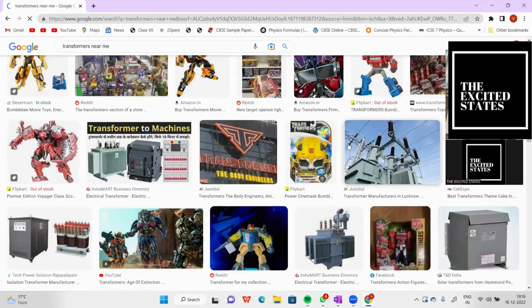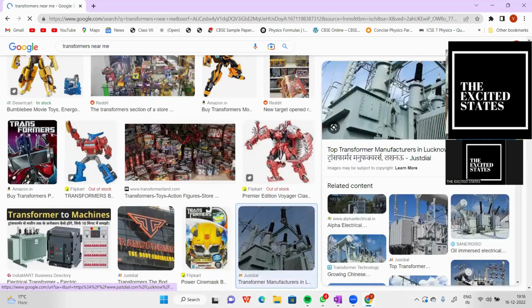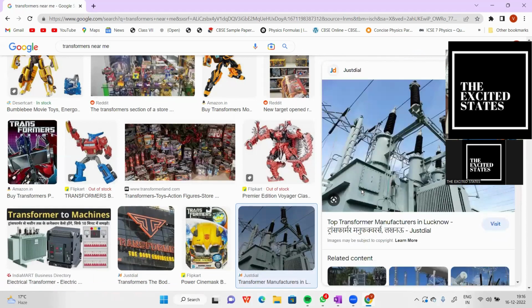Have you seen these things near roadsides? Yes, I have seen these. These are the transformers. See what happened: from the power station, a lot of kilowatts of power is supplied. It is produced in the power station.